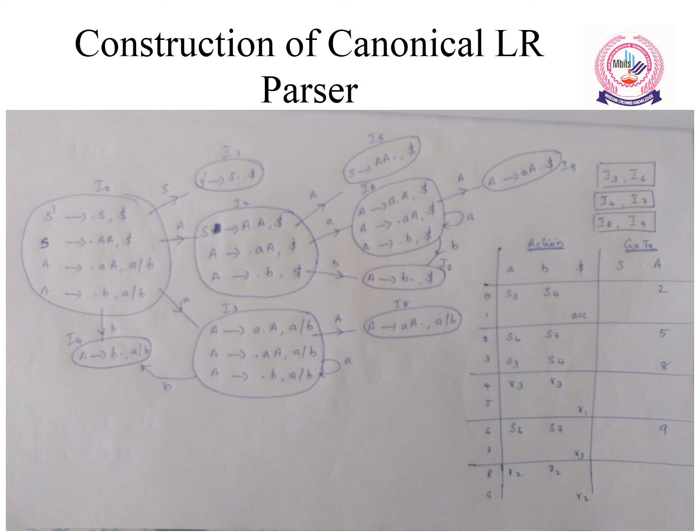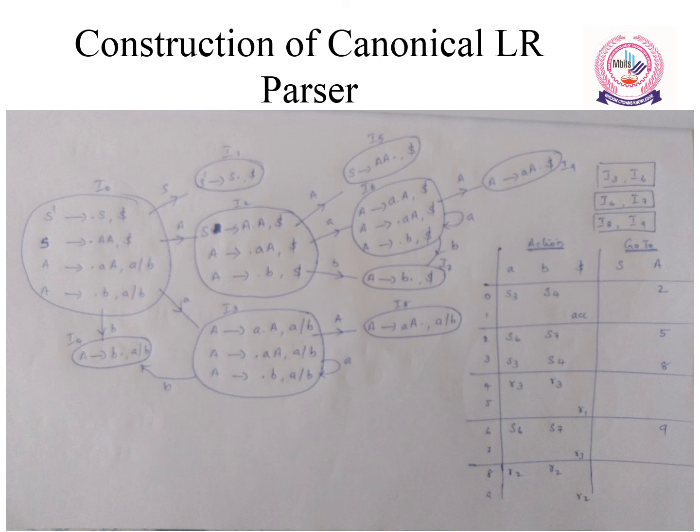The basic difference between the canonical LR parser and the SLR parser is that only for the lookahead symbol do we put the reduction operation. What it means is that the reduction operations are given to the end state productions. Which are the end state productions here?